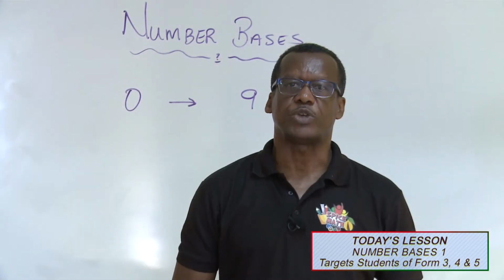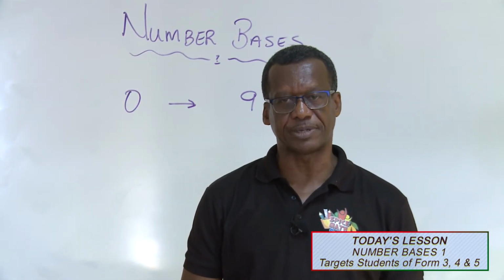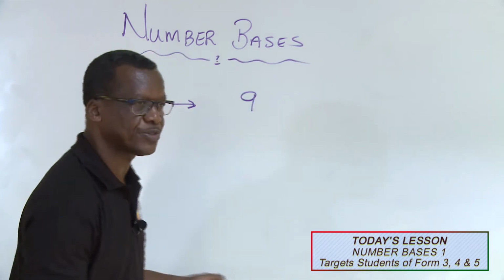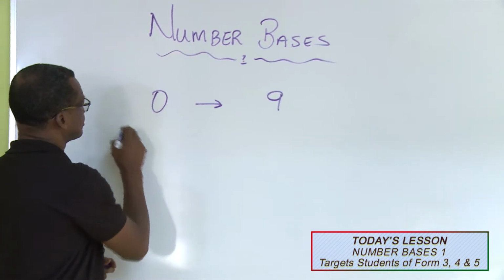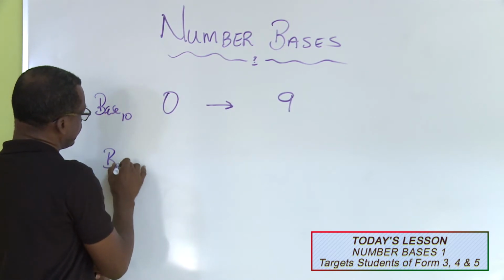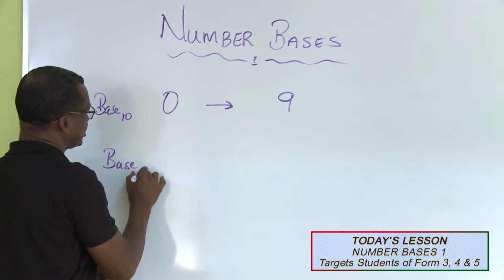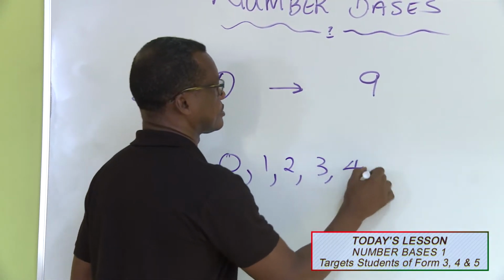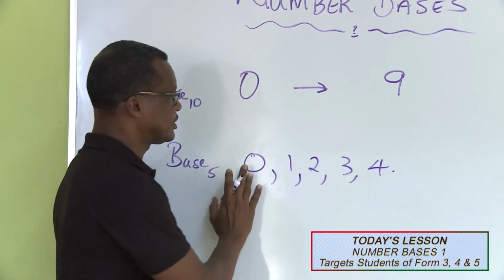Okay? So if we're in base 5, for example, we'll only be using 5 digits, and what do you think those digits would be? You are correct. The digits would be 0 right up to 4. That would give us our 5 digits.